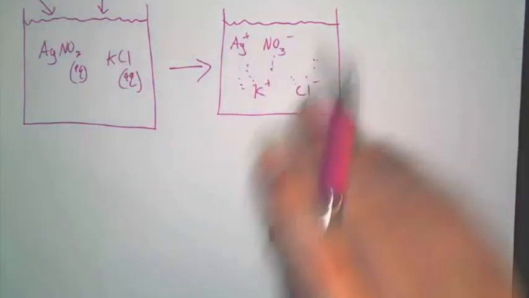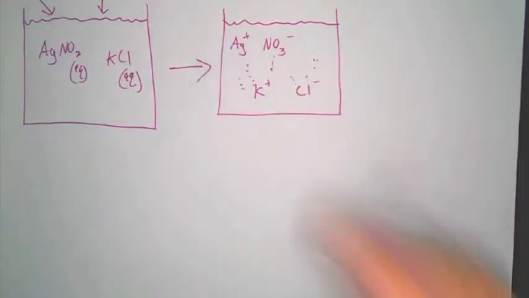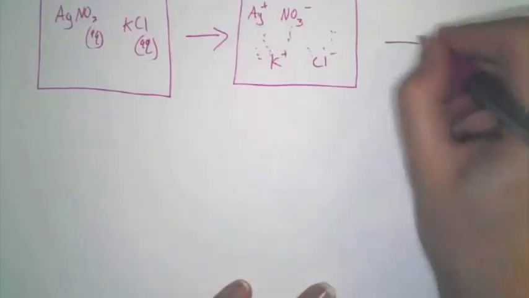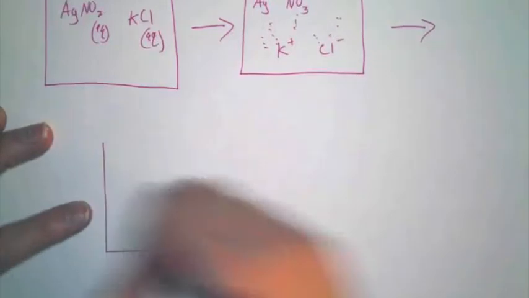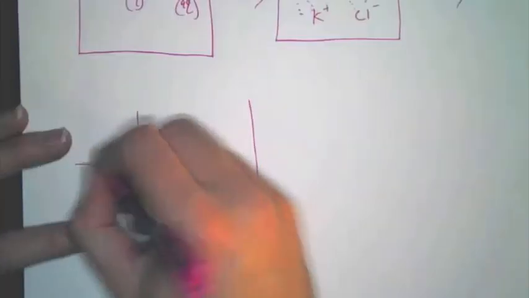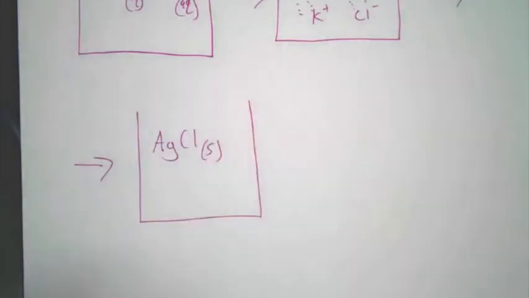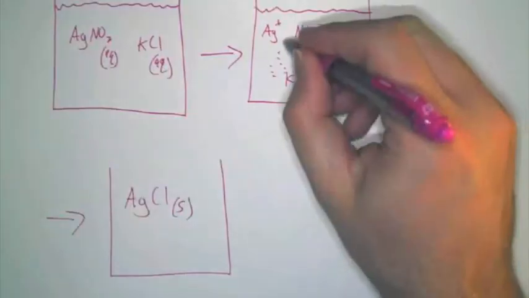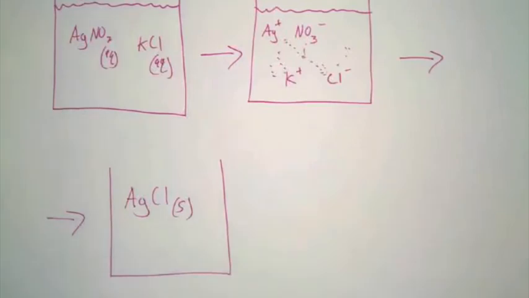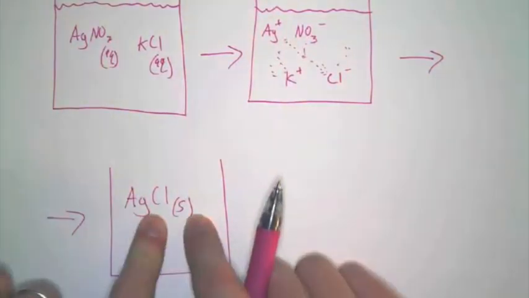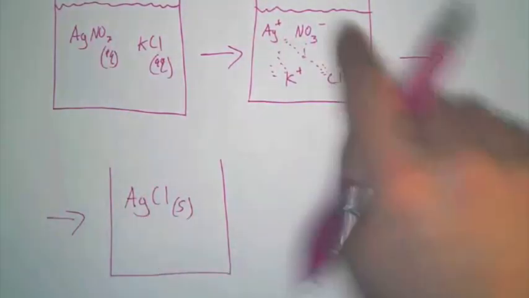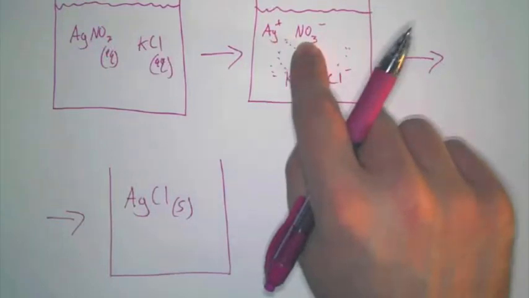Now we saw that the solid that forms at the end of all this was AgCl. That forms a solid. So that means that when the silver bumps into the chlorine, you get a solid forming. However, when silver bumps into nitrate, we've already established that's aqueous.